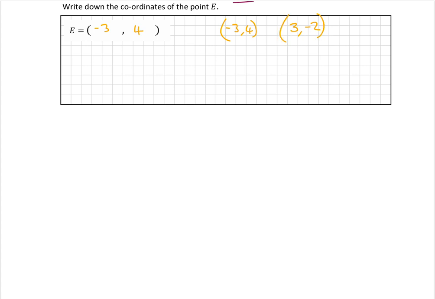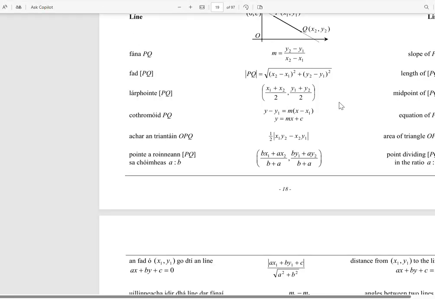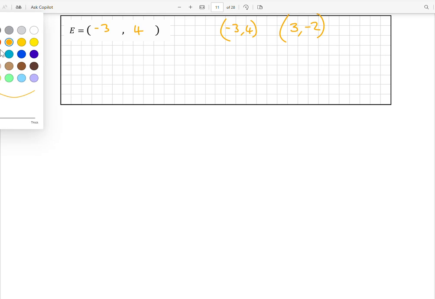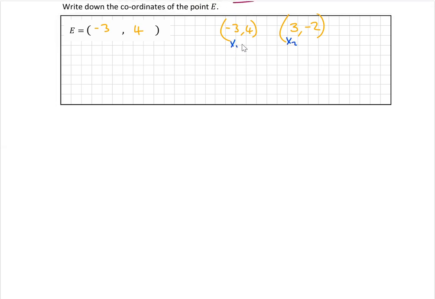All right, so to verify I'm right, use the midpoint formula here. x1 plus x2 over 2, comma, y1 plus y2 over 2. Okay, so this is x1. Let me just write this up. So this is x1, this is x2, this is y1, this is y2.